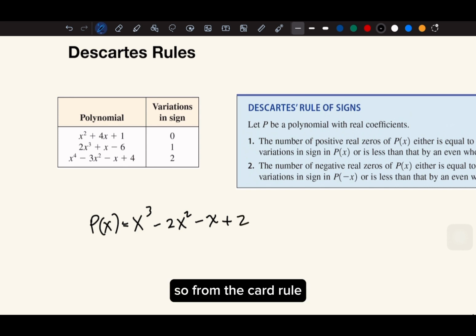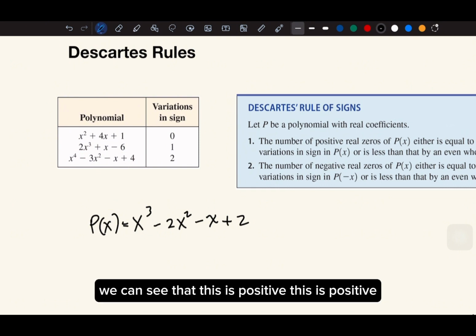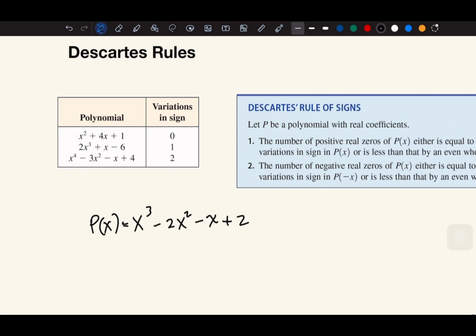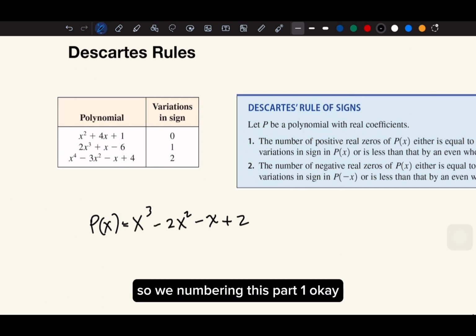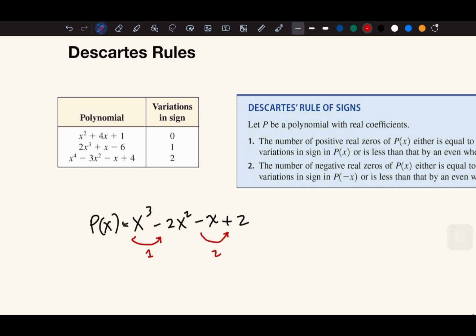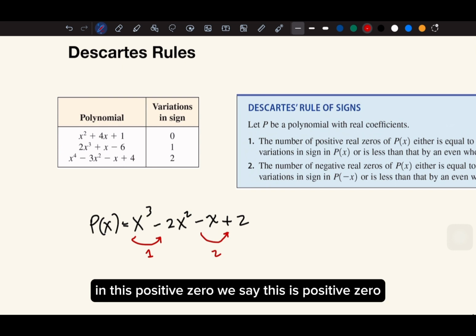From Descartes' rule, we can see that this is positive, right? This is positive, negative. So we say this is a change, and we number this part 1. Then from negative to positive here, there are 2. There are 2 changes, which means in this positive zero, we say this is positive.